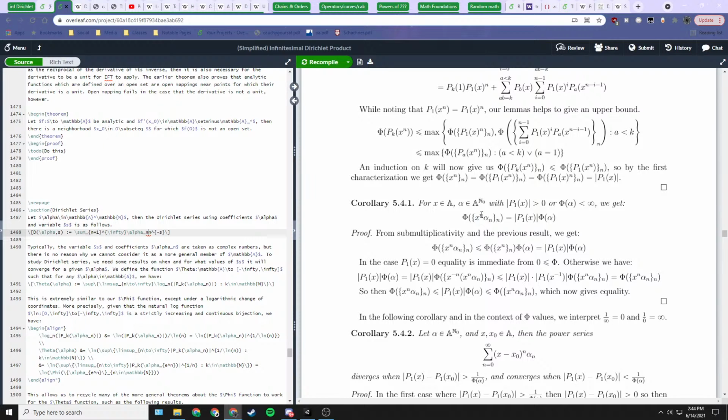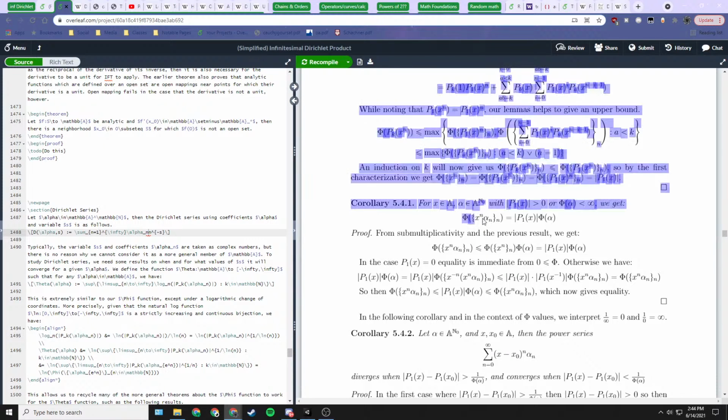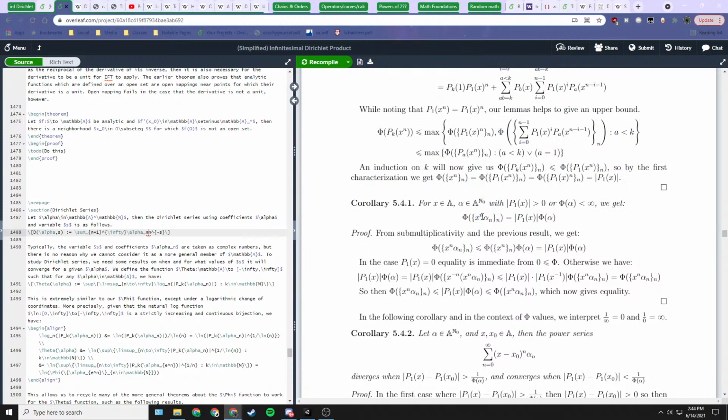So what we know about this sequence, if we have x to the n, is that another way to rewrite this is as e to the power of n times the natural log of x, if x is a unit, then that would make sense.